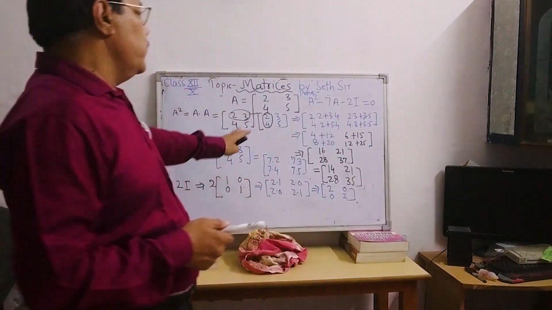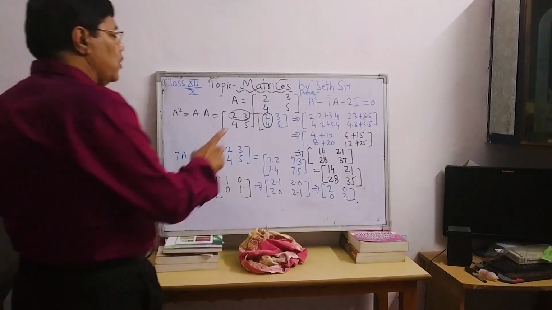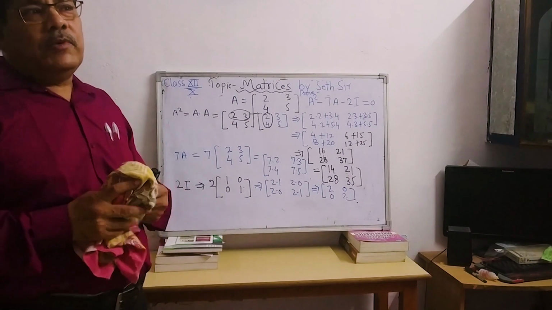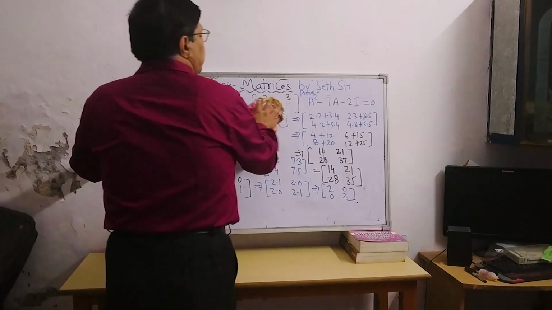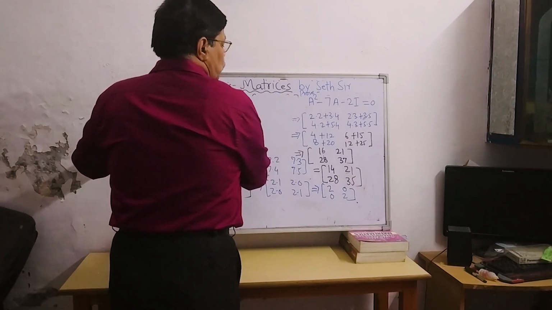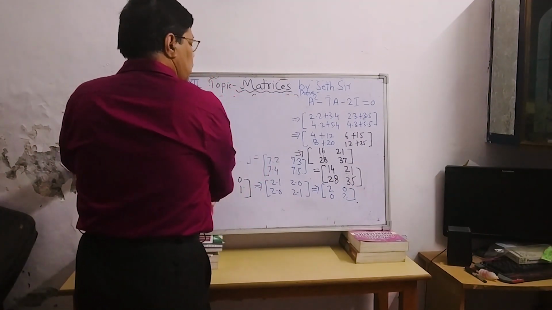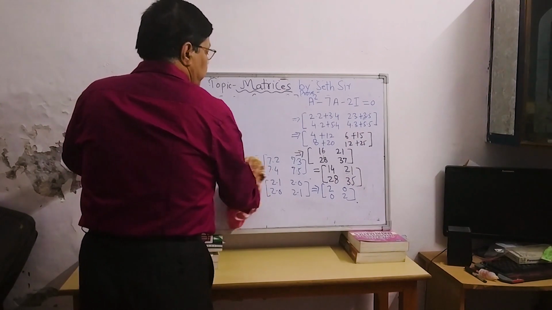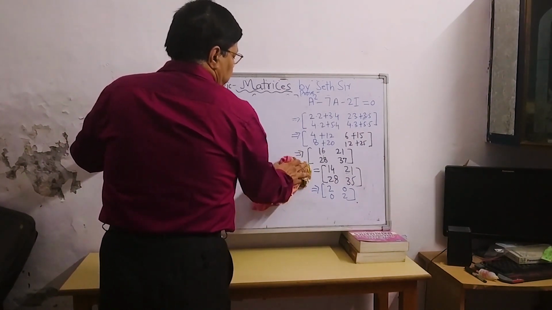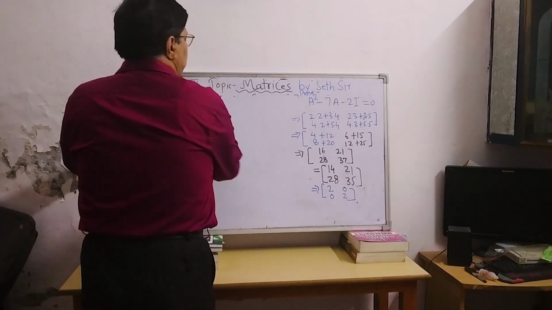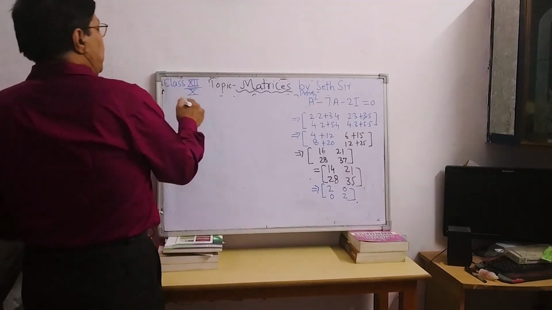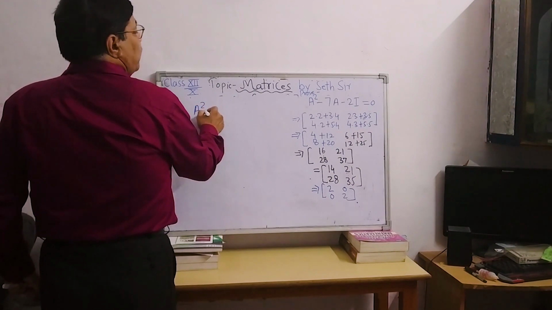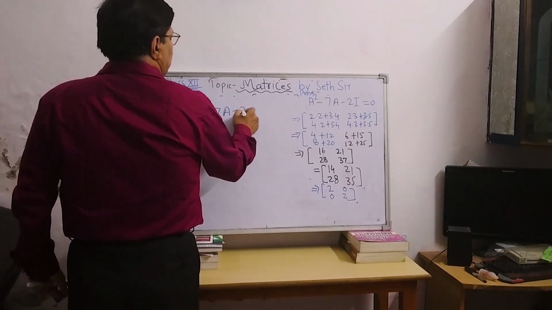Now I will put these values in the given equation to check whether the value is coming to 0 or not. So this is the last question. Very soon I am going to show you. Don't worry, within 5 minutes I will finish it. So you can see A square minus 7A minus 2I.